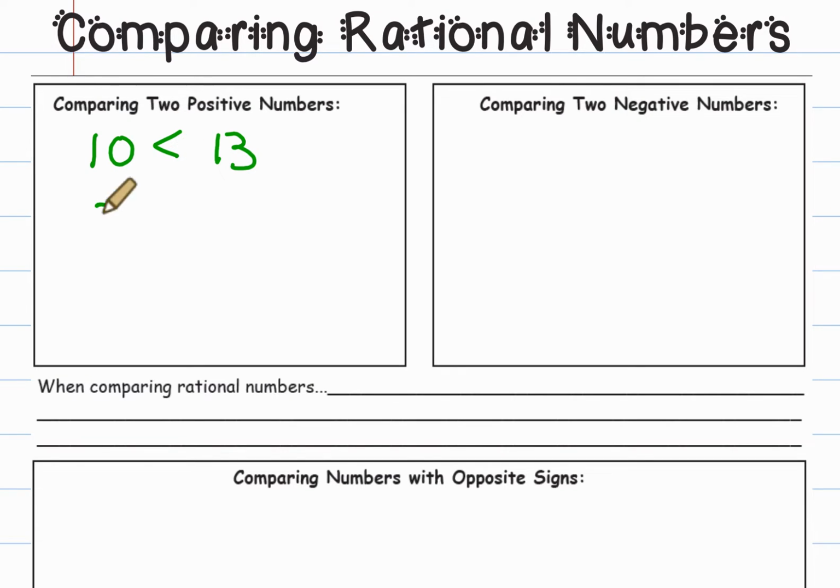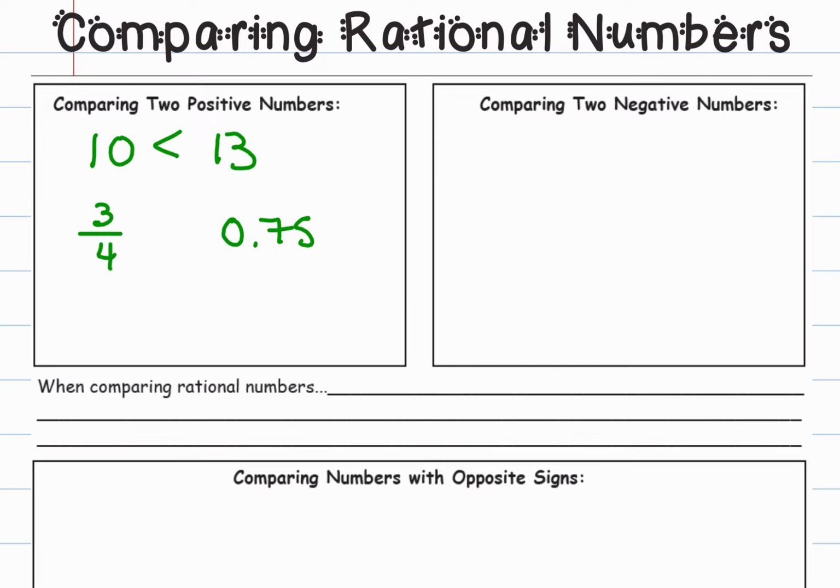But what if we were comparing numbers like 3/4 and 75/100? They're in different formats, which makes it a little bit more difficult for us to figure out. So there's a couple ways that we could compare these numbers.